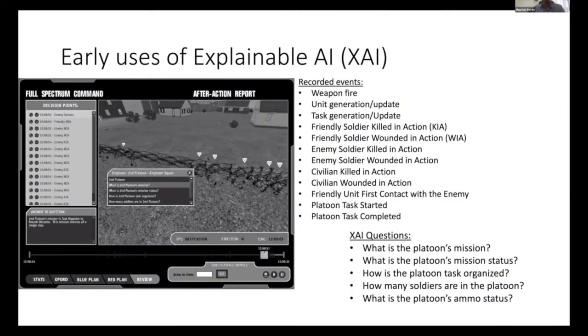So, for example, here are some recorded events: weapon fire, unit generation where a given, for example, battalion was moved from one position to the other. A friendly soldier was killed in action, and the system was then having all these questions: what's the platoon mission, the status, how's the task organized, and so on.